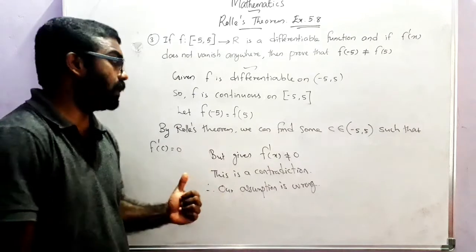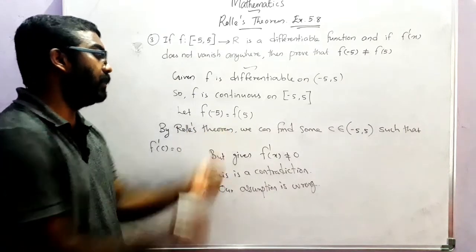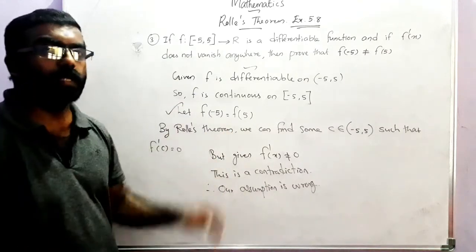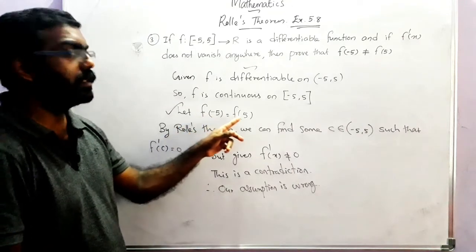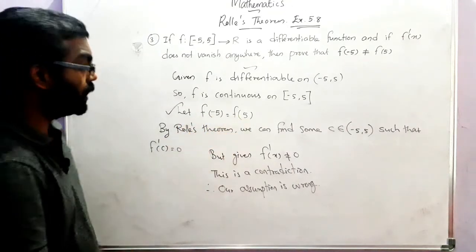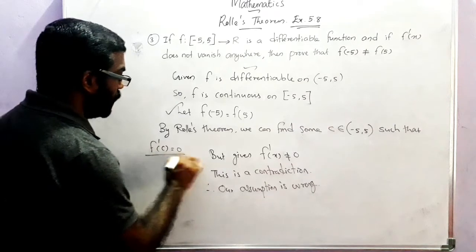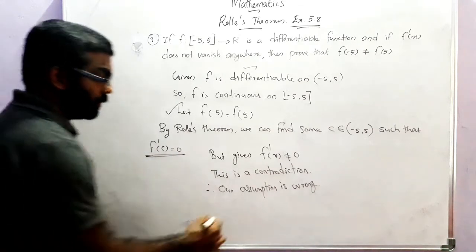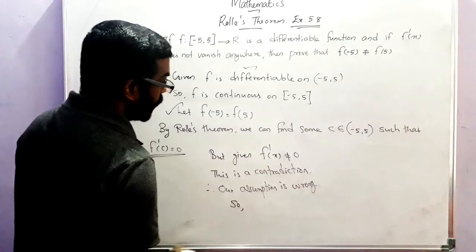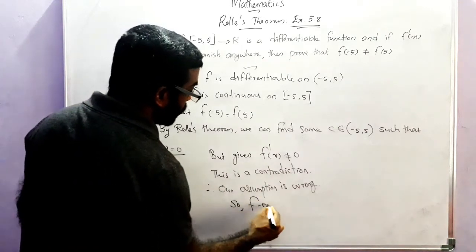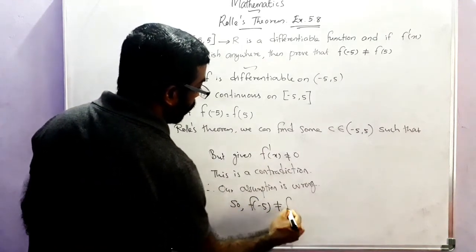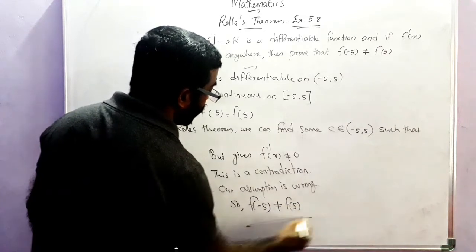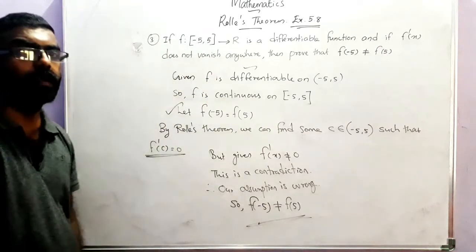Assumption wrong means what is our assumption? f of minus 5 is equal to f of 5. We assumed that f of minus 5 is equal to f of 5. That is why we get a contradiction that f dash of c is equal to 0. So we can conclude f of minus 5 not equal to f of 5. Okay, understood?